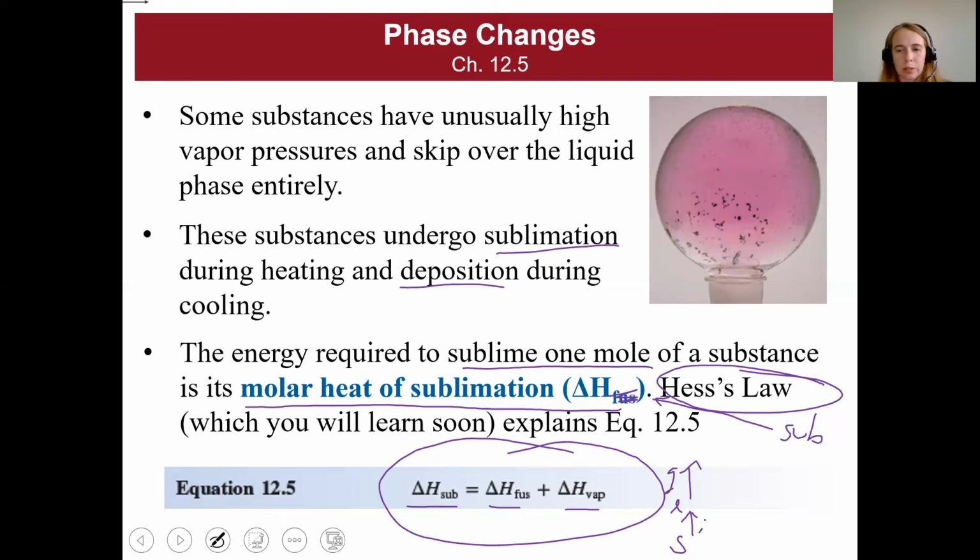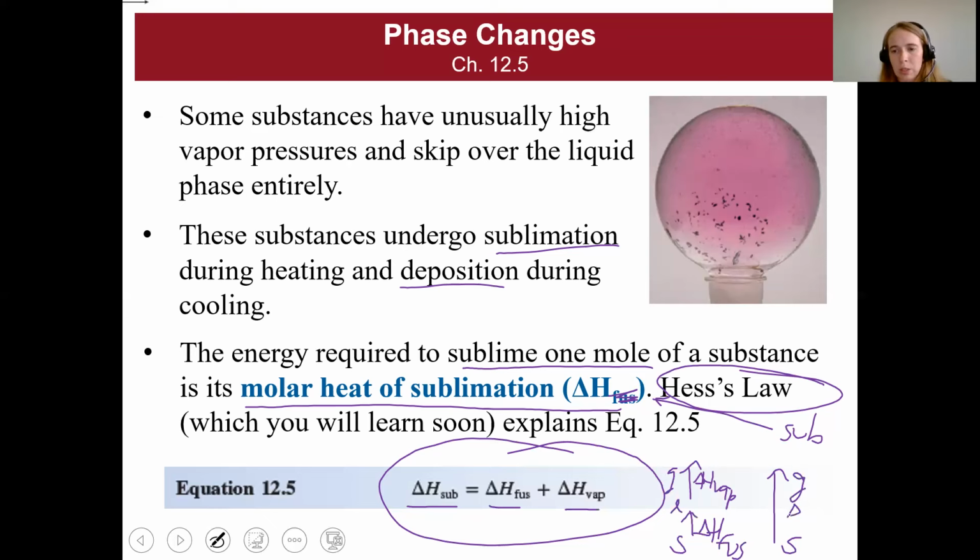With this being delta H fusion, and this being delta H vaporization. And when we go from solid to gas, this is just skipping over the liquid portion.